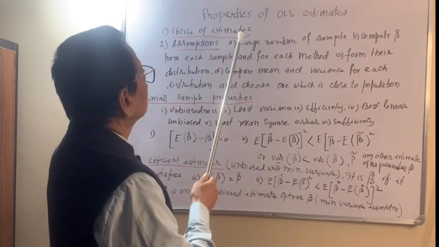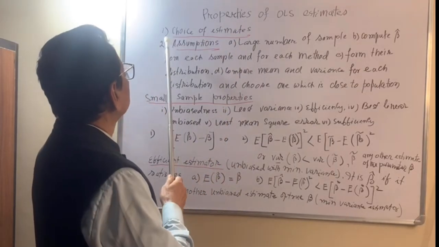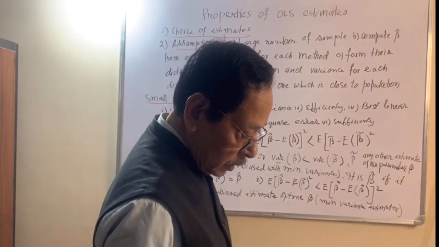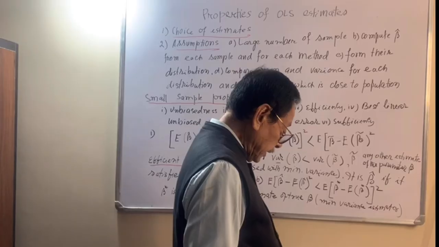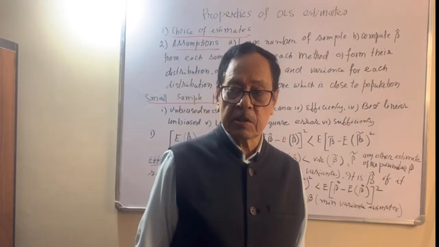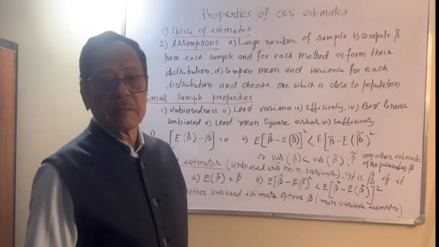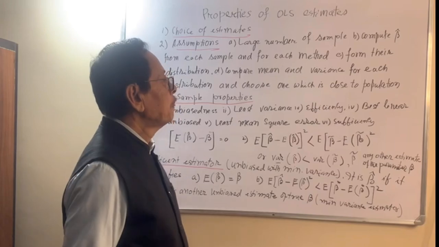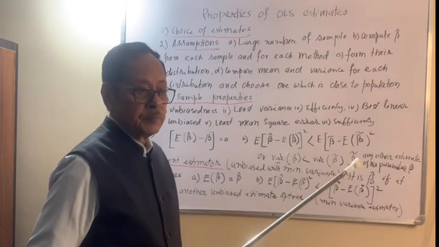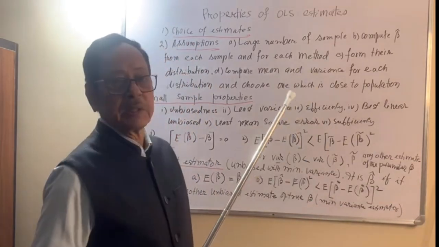Now, to examine the properties, we'll have to go for a choice of the estimates. We know that there are various methods of estimation, so we'll have to choose the one which gives estimates as close or nearer to the population estimates.